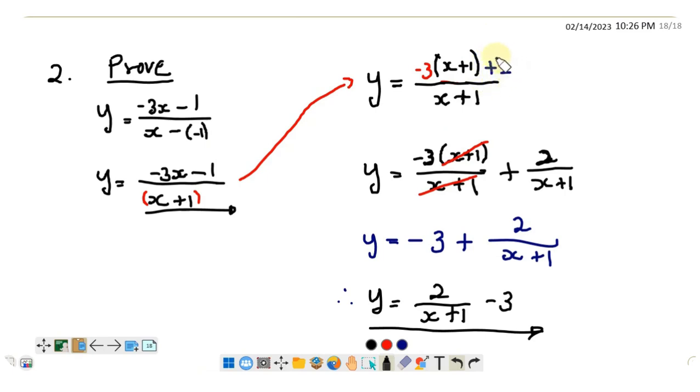That's how this +2 came. Then we separate the terms, cancel out, remain with that constant, and simplify and write it in the standard form. That's it, guys.